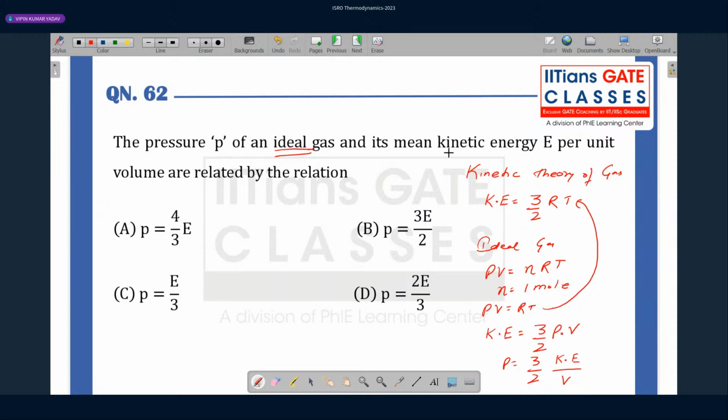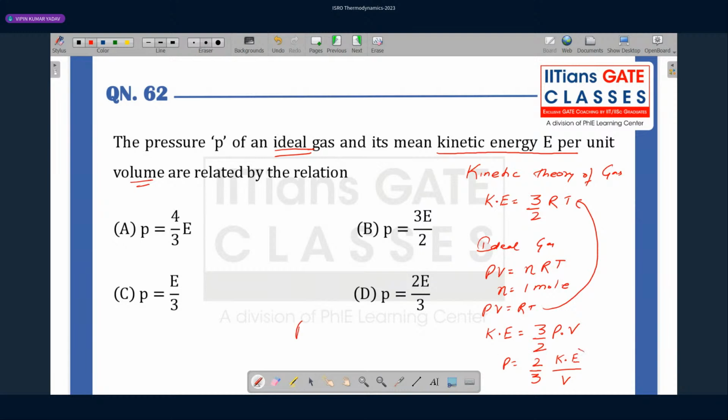So kinetic energy, they're asking kinetic energy per unit volume. How is it related? Oh, it is 2 by 3, I'm sorry. When it goes to that side, it will become 2 by 3 kinetic energy per unit volume.